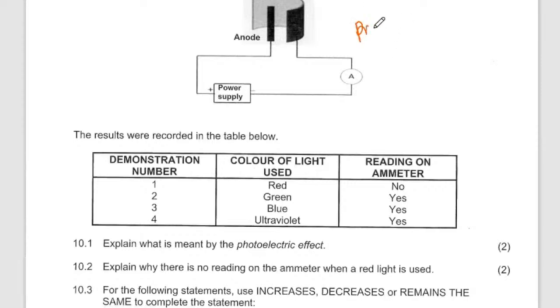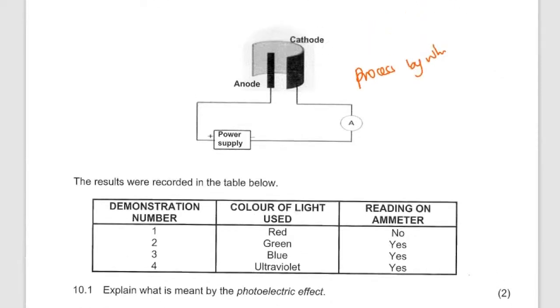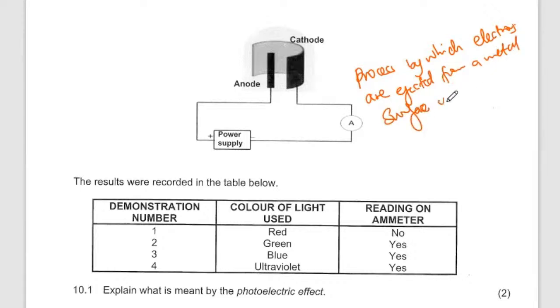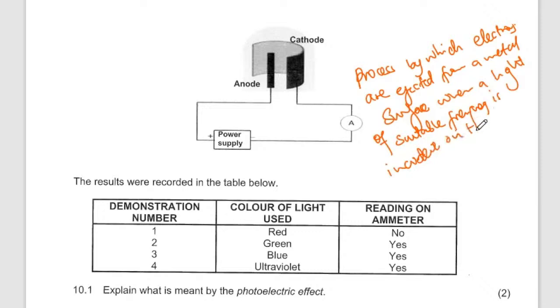So we know that this is a process by which electrons are ejected from a metal surface after light of sufficient frequency, a suitable frequency, is incident on the surface.